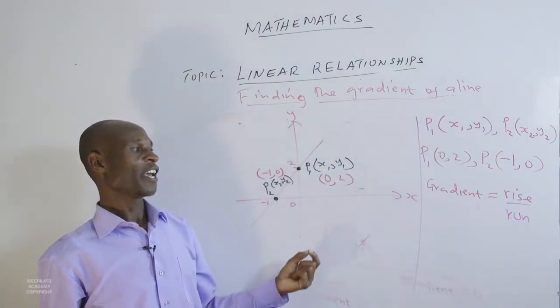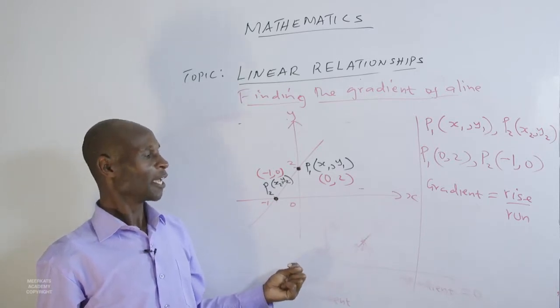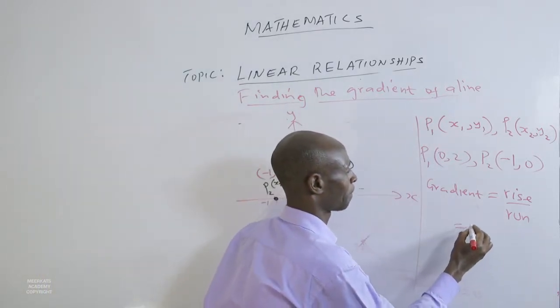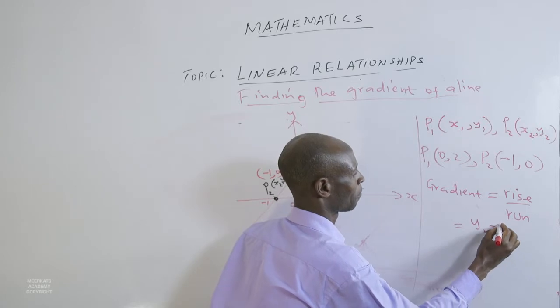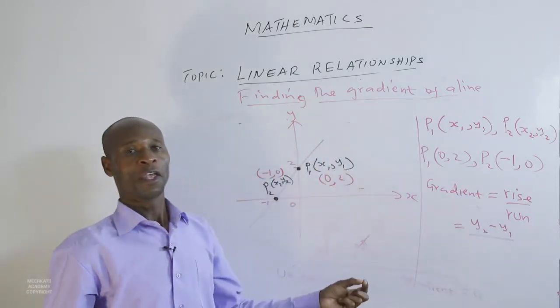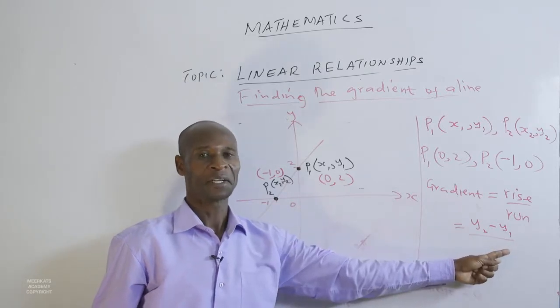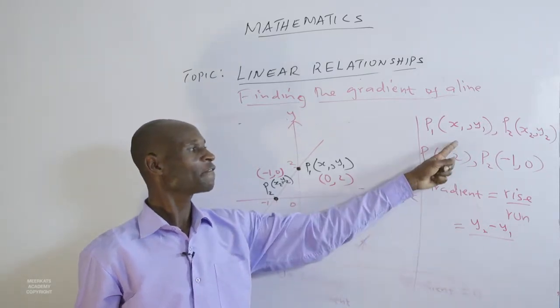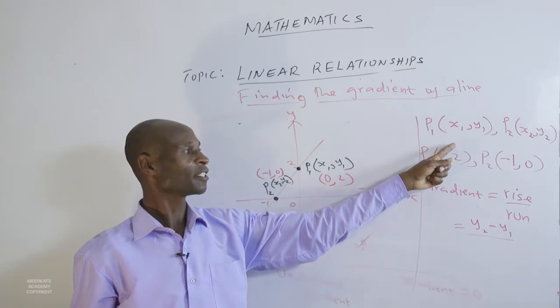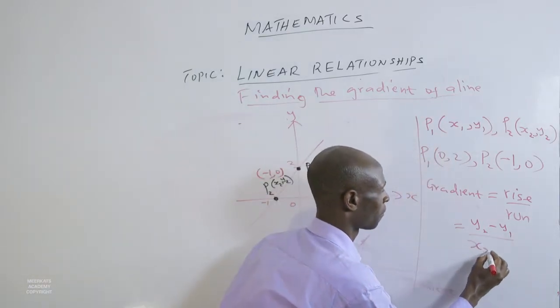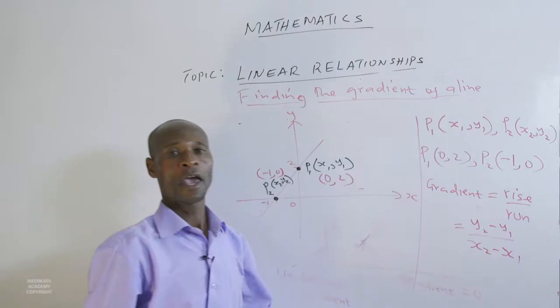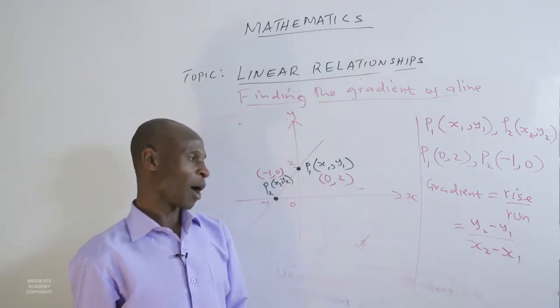Now, for the rise here, we shall take the difference in the y-coordinates, y2 minus y1, divided by the difference in the x-coordinates, that is x2 minus x1.